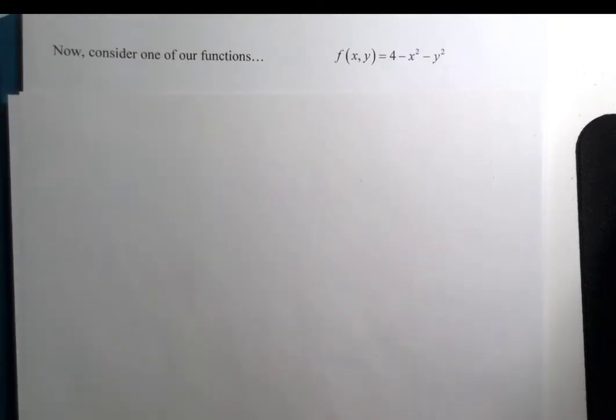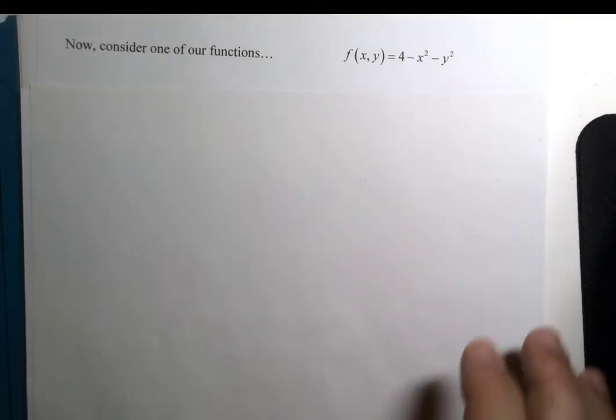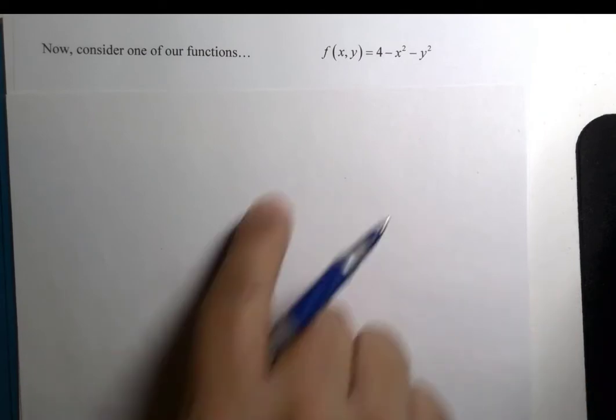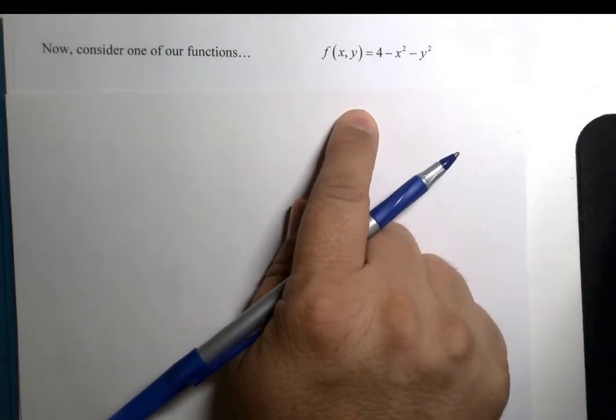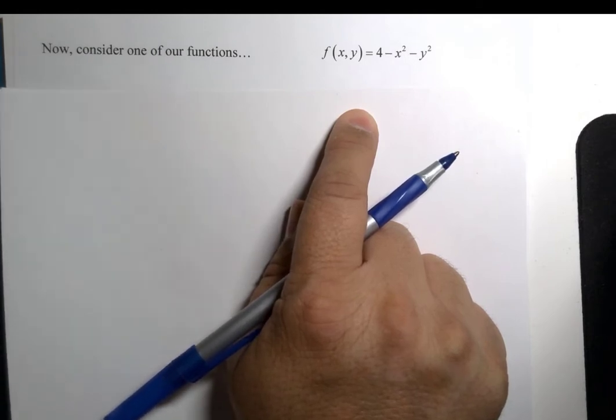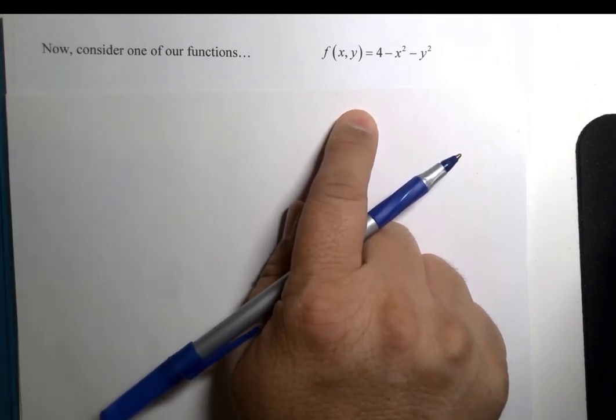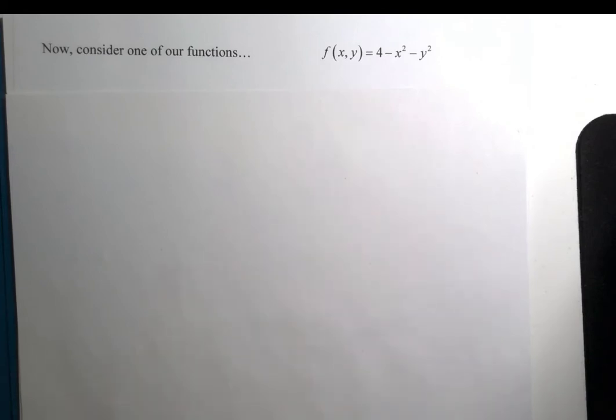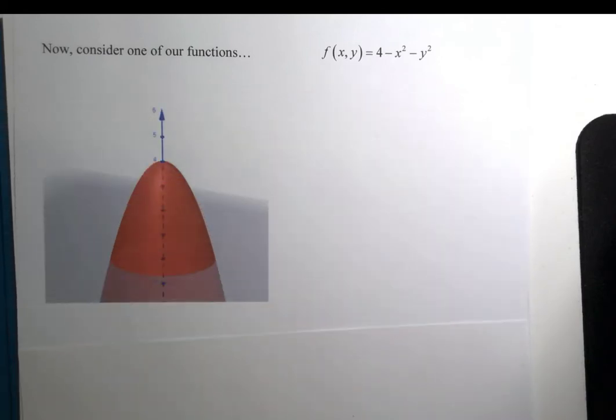So let's consider one of our functions. F of x, y equals 4 minus x squared minus y squared. So what kind of graph is that? Well, if your mental image is anywhere close to this, that would be great.